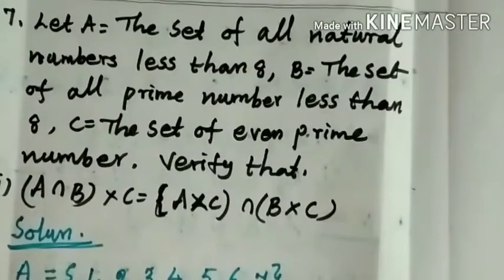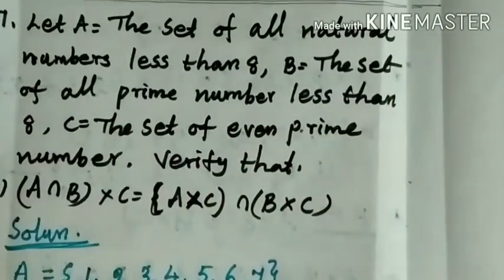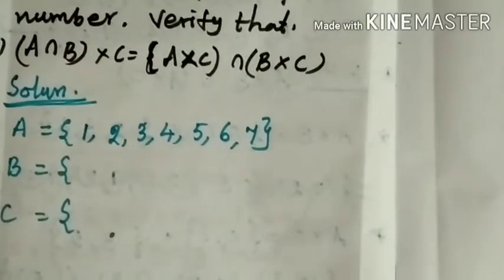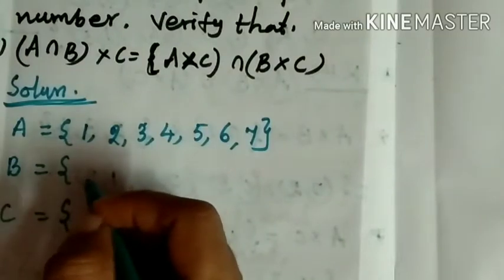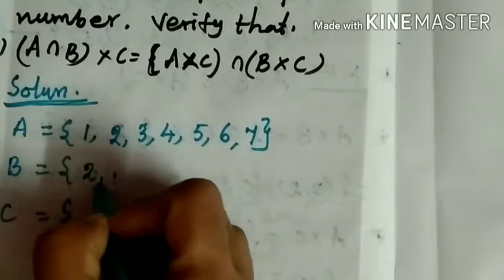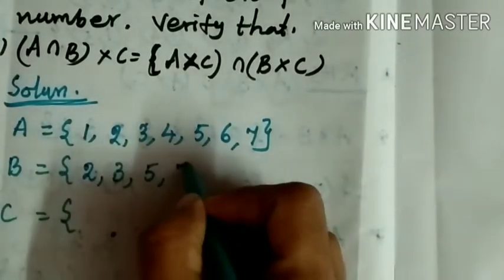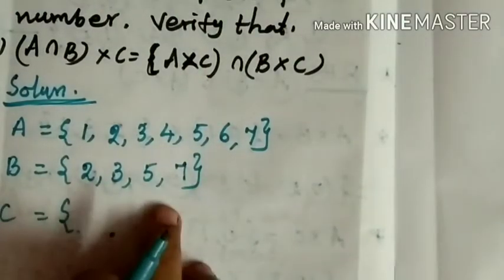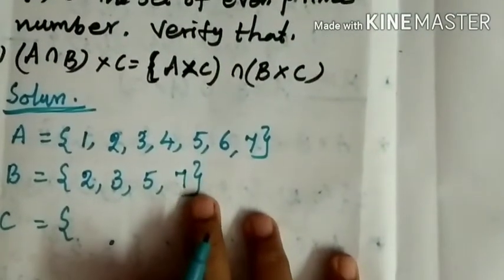Then see the set B, the set of all prime numbers less than 8. Students, keep it in mind, 1 is neither a prime number nor a composite number. You start the prime numbers from 2: 2, 3, 5, 7. Because in the question less than 8 is given, so you stop at 7.